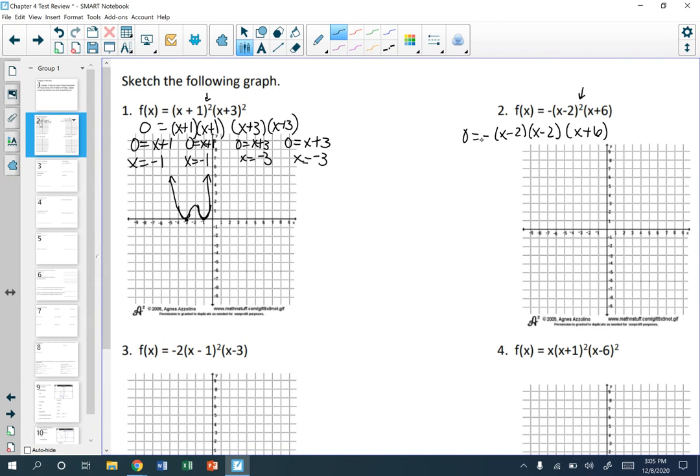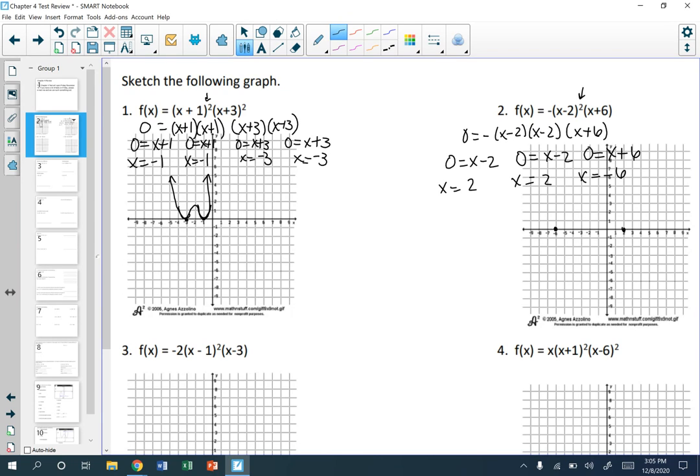Now I'm going to go ahead and set each of these equal to 0 and solve for x. I'm going to get x = 2, x = 2, x = -6. So I know something's happening at 2 and at -6.